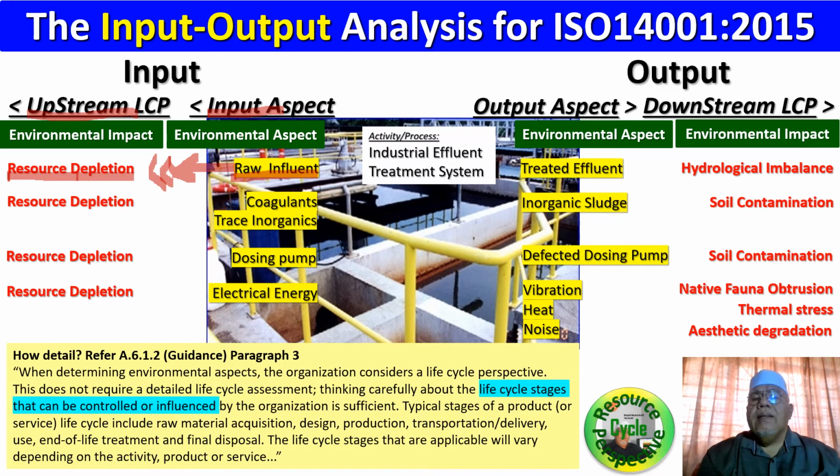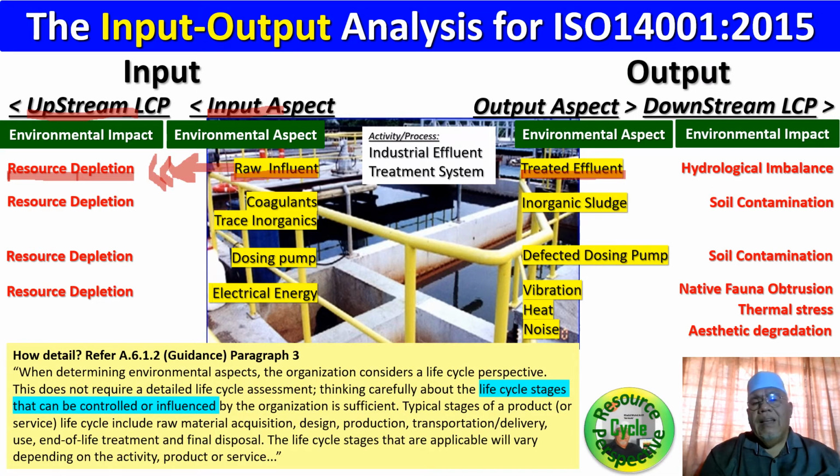On the other hand, the output from this treatment system is treated effluent. Less COD, but still having COD, chemical oxygen demand, as you know, if you're a competent person involved in IETS or wastewater treatment plants, you know this much better than I do.